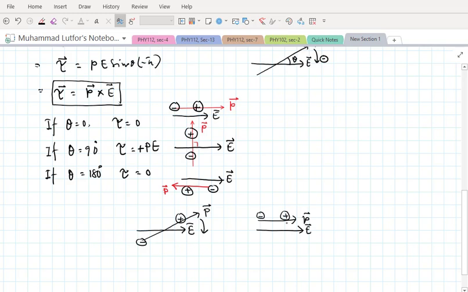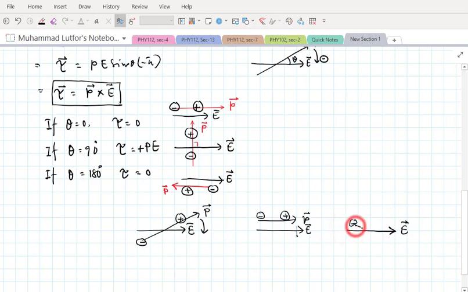Due to that kinetic energy, the system is not going to be stable at that point. It will try to move further in that direction. So after a certain time, this case would be like that.